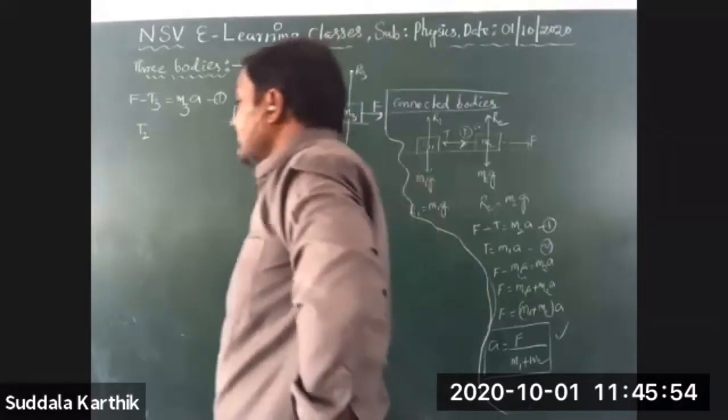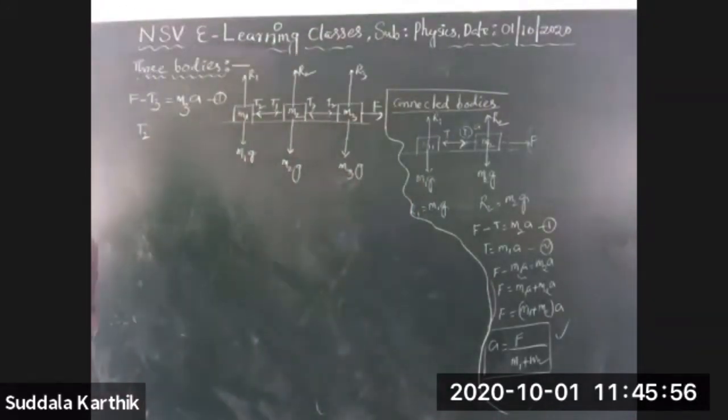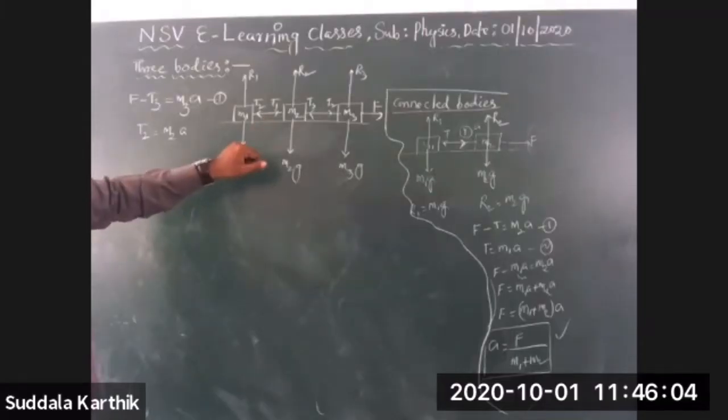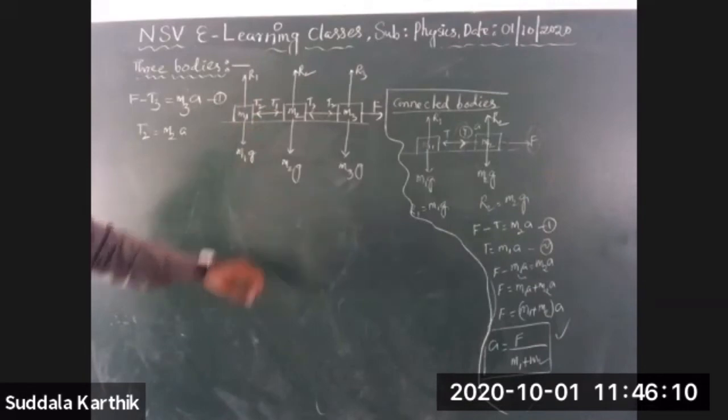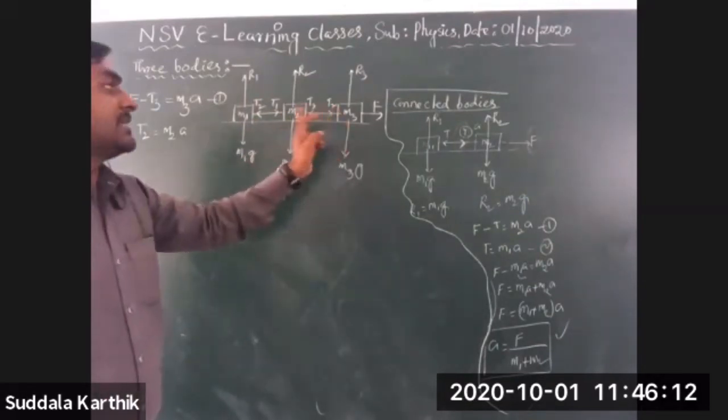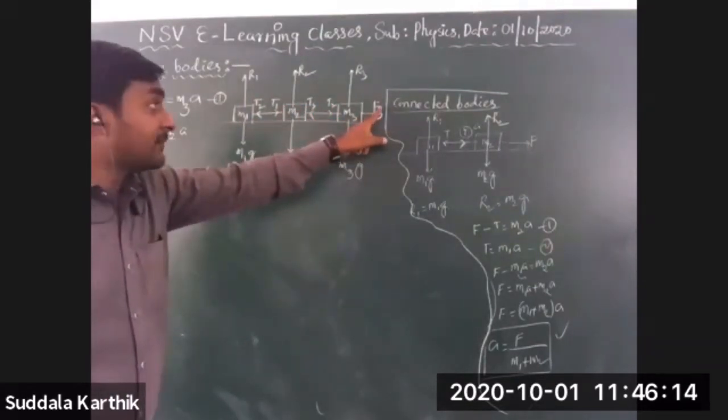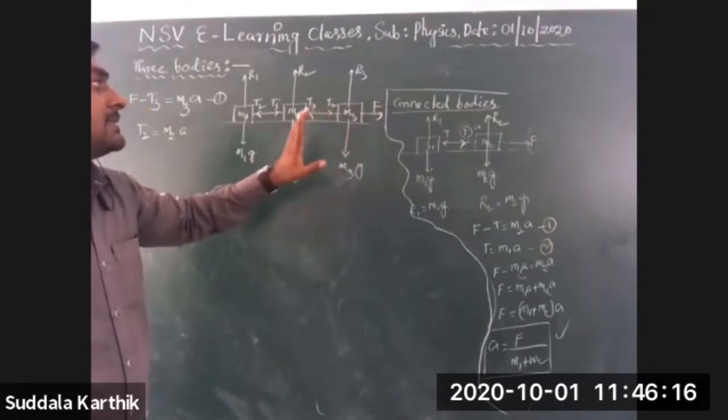T2 equals M2A. Why? Tell me why. It is the correct answer. T2 is acting on M2, and these two cancel each other, because extra force is not acting on this one. Here extra force is acting, that's why these two are not cancelling here.